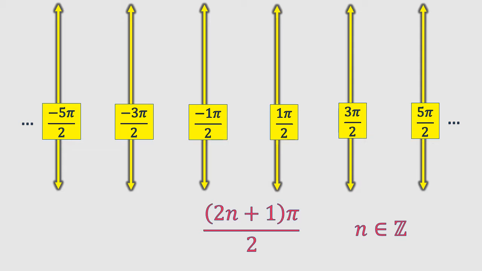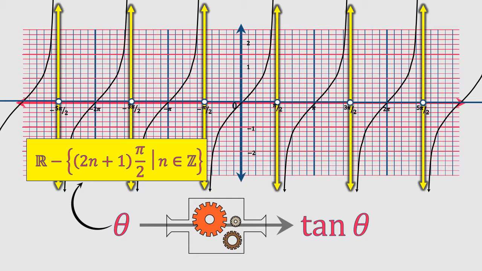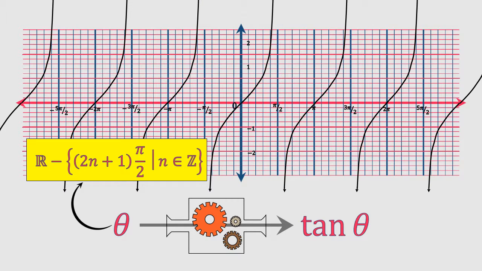And so, the tangent function is not defined at 2n plus 1 times pi by 2 for any integer n. Hence, the domain of the tangent function includes all real numbers other than the collection of 2n plus 1 times pi by 2 for any integer n. The range of the tangent function covers all real numbers.